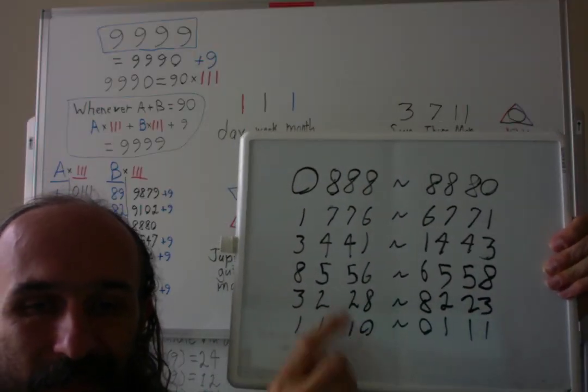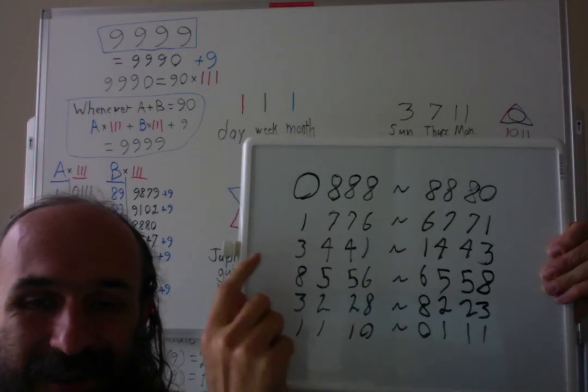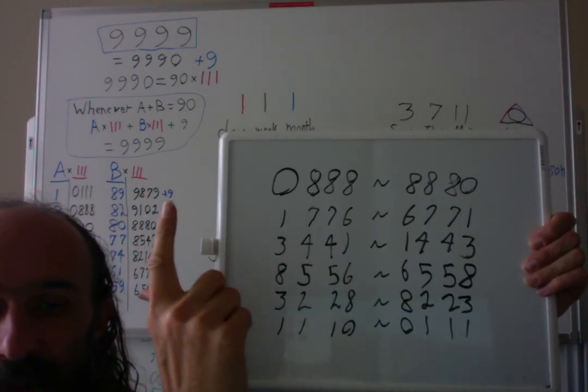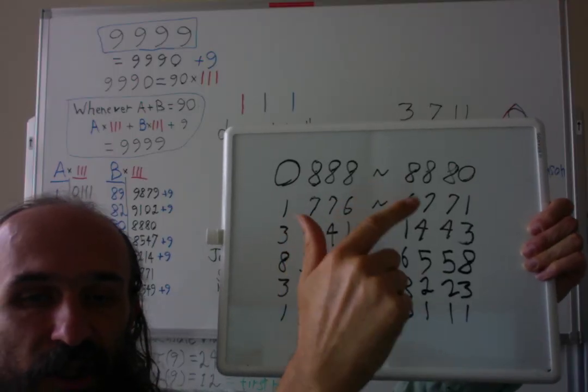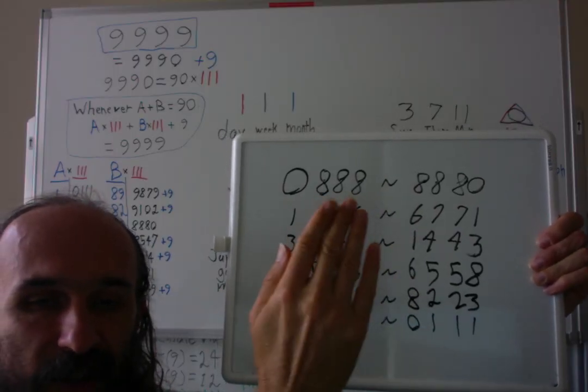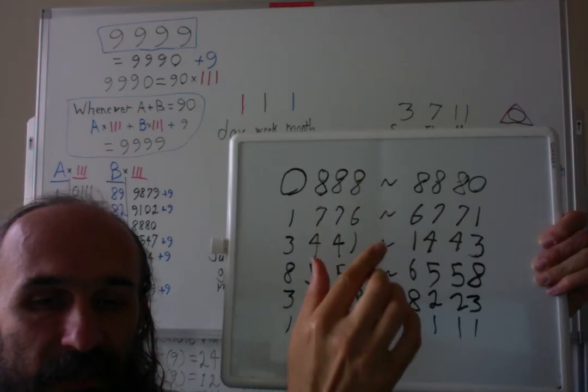Now, notice that from these 14 multiples of 111, I have created 6 pairs which are symmetric pairs.